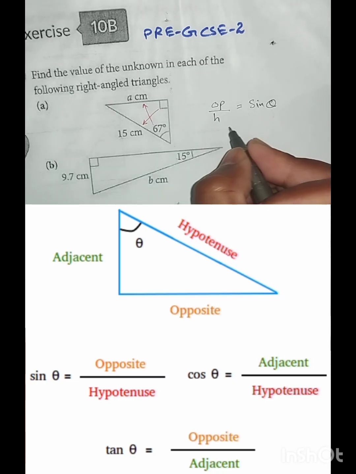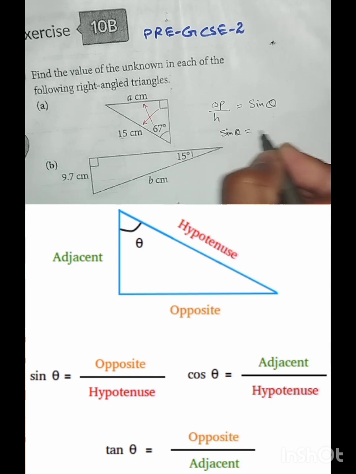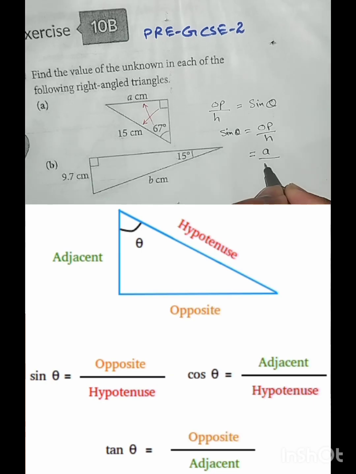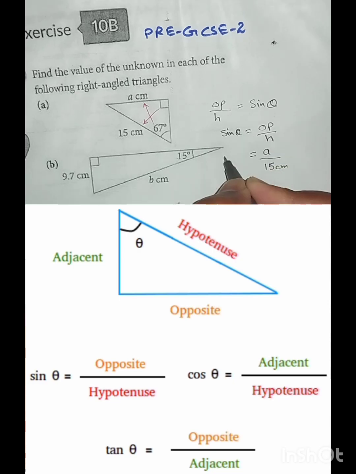So I can write that sine theta is equal to opposite over hypotenuse, and I can easily figure out the unknown side A. A is the opposite side, the hypotenuse is given, which is 15 centimeters, and the angle theta is also given, which is sine 67 degrees.